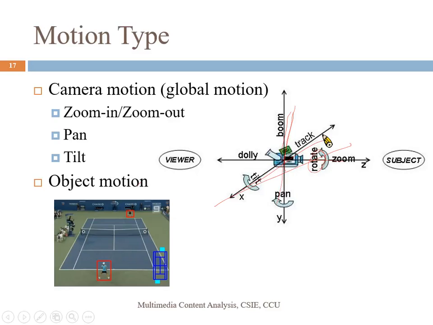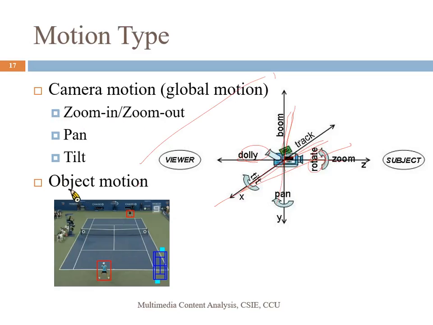If it changes from down to top, that is called tilt. And a dolly means the position of the camera moves toward the subject or far from the subject.